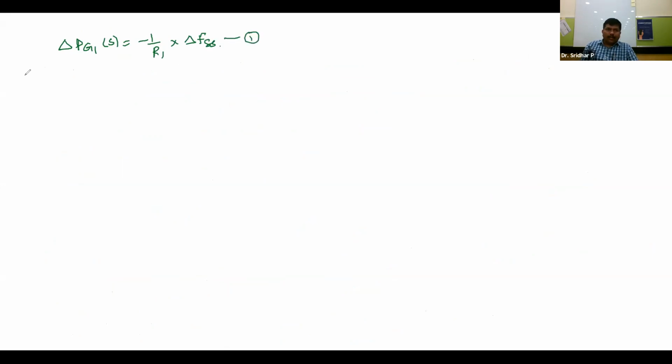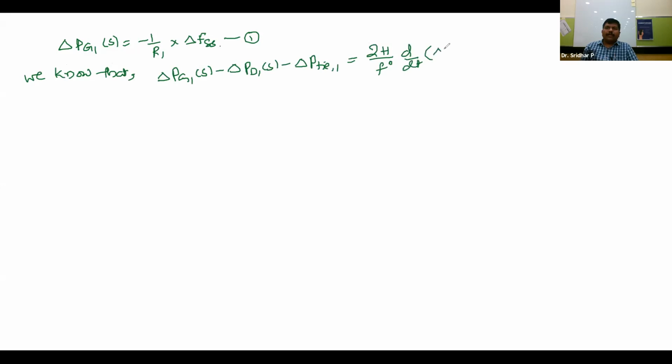And we know that delta pg1 of s minus delta pd1 of s minus delta p ti 1 of s is equal to 2h by f naught into d by dt of delta f1 plus b1 into delta f1. This expression we have also derived in our previous classes.